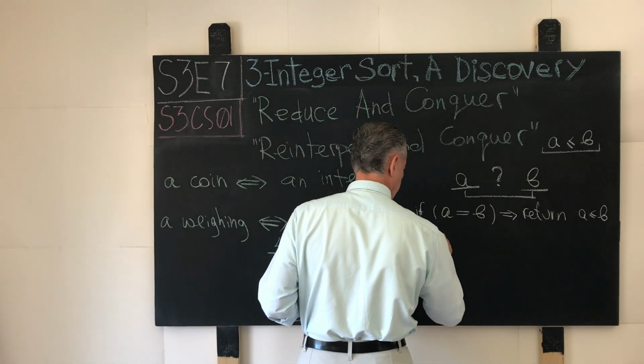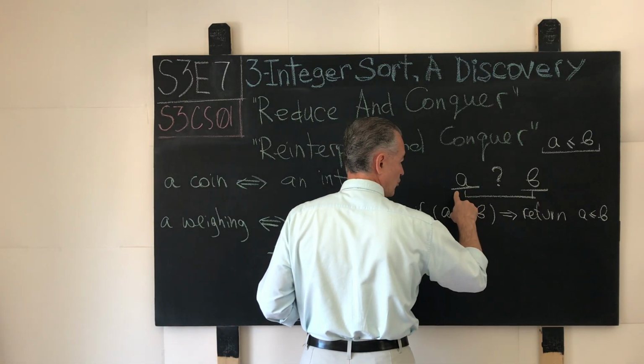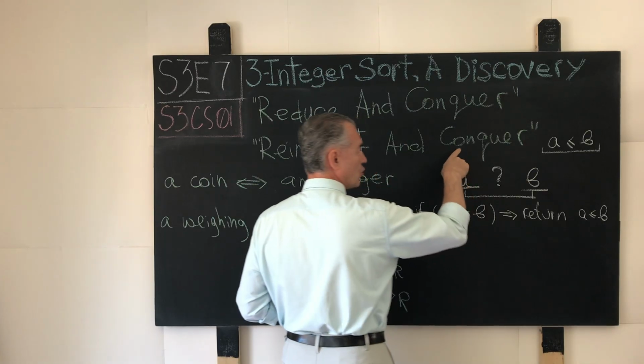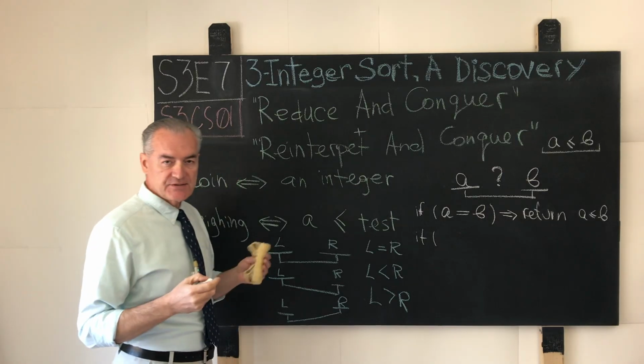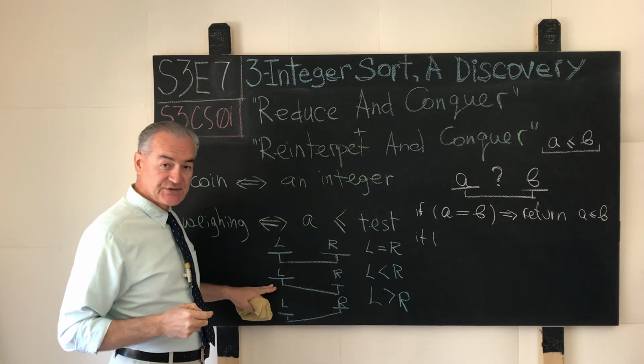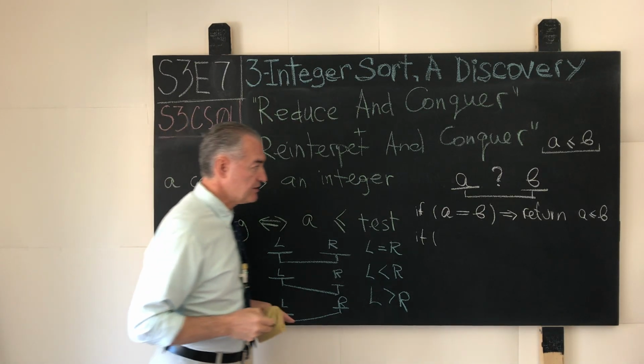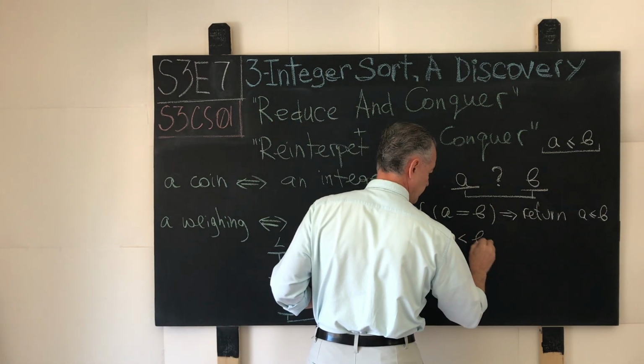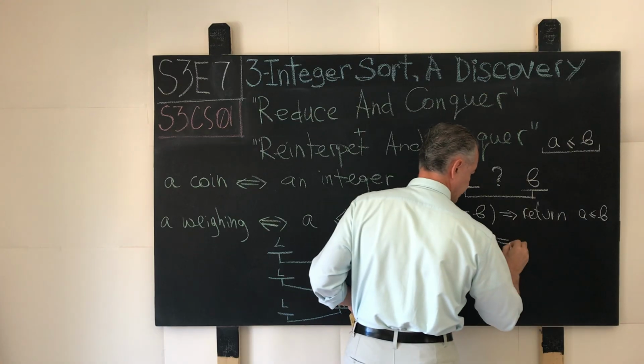What if the pen on which the coin A is sitting right now goes up as a second result of our experiment? Well, in this case, A will be strictly less than B. And what does that mean?